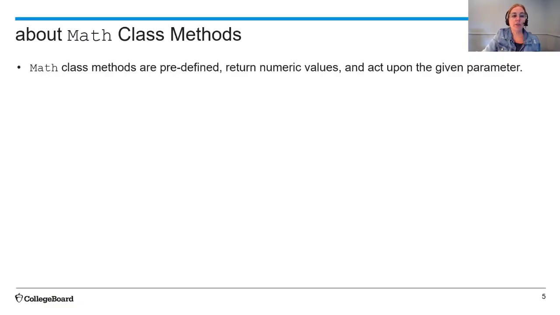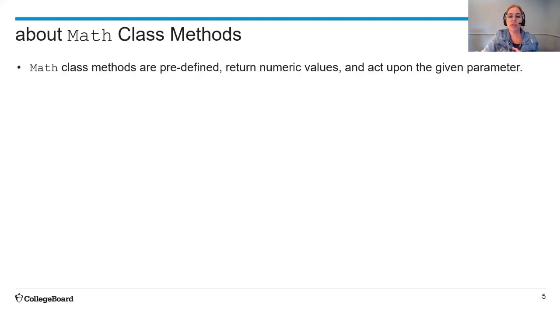All right, so the first thing I want to explicitly go over is that Math class methods are predefined. We get these from our library, our API, and they return numeric values, and Math class methods will act upon the parameter that we give them. Sometimes the parameter is going to be an actual number, an integer or a double.